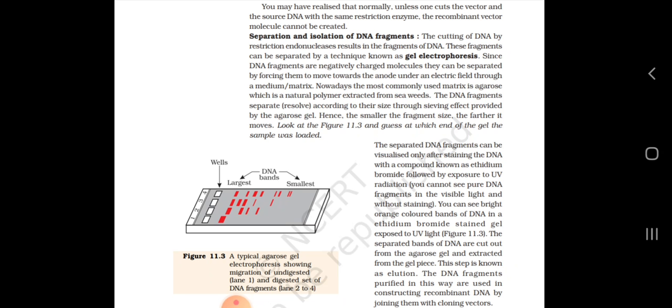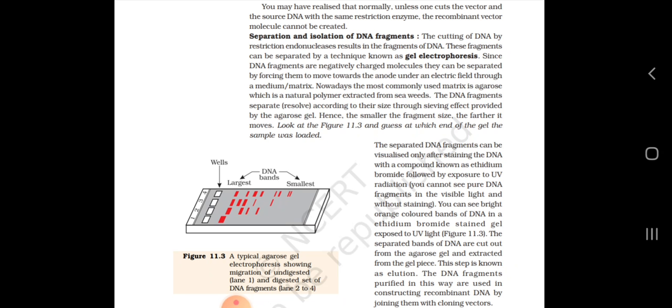Since we have already gone through that DNA is a negatively charged particle, the fragments will also be negatively charged and can be separated by forcing them to move towards the positively charged electrode under an electric field, inside a semi-solid matrix.